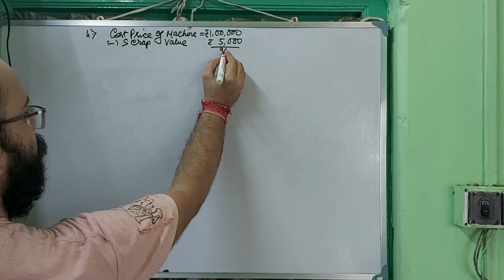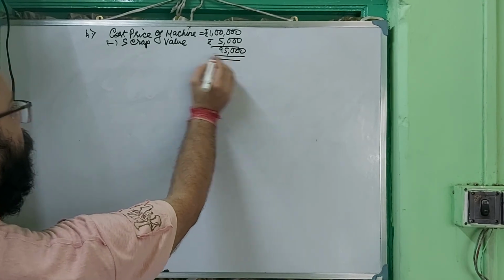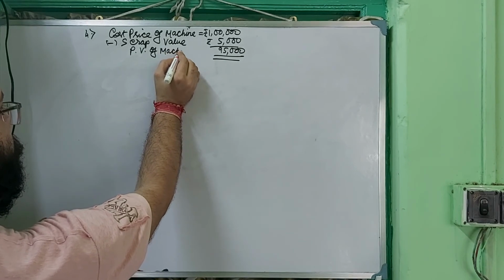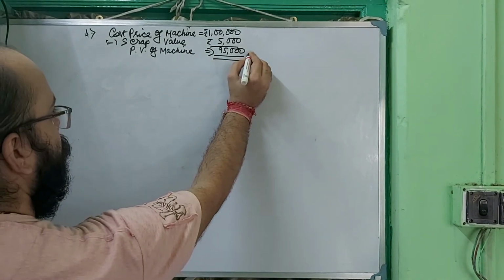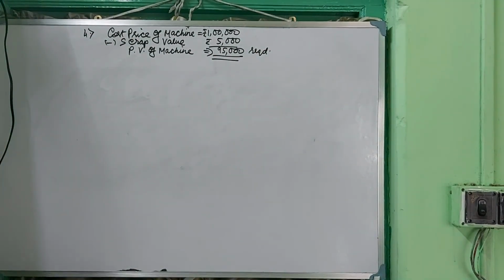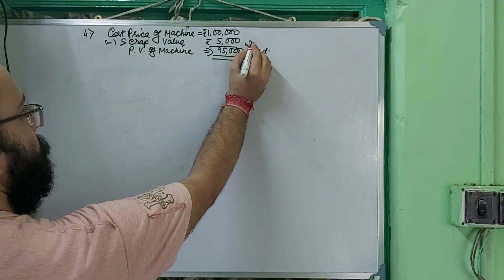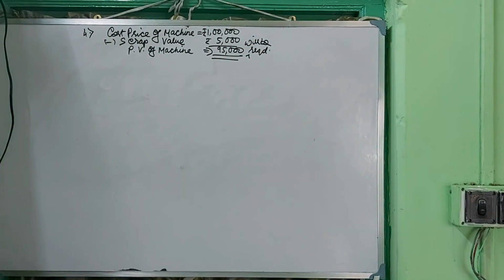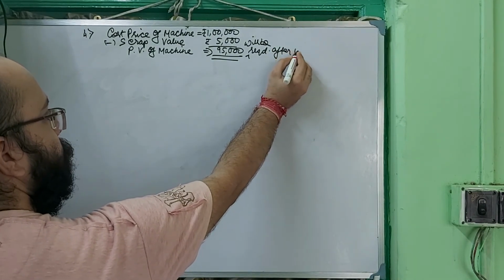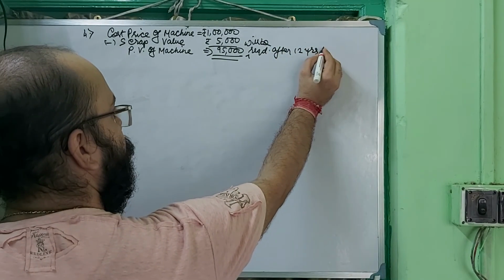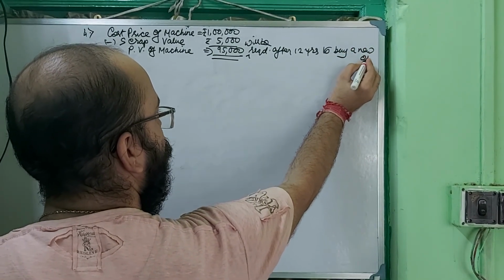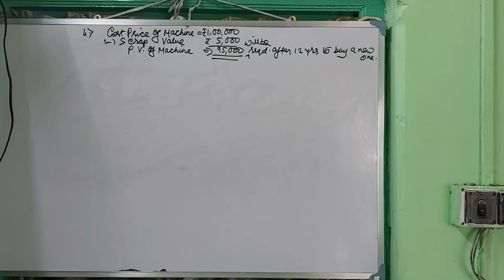So 95,000 will be the amount required, it will be required after 12 years to buy a new machinery, right? You can understand that, right?